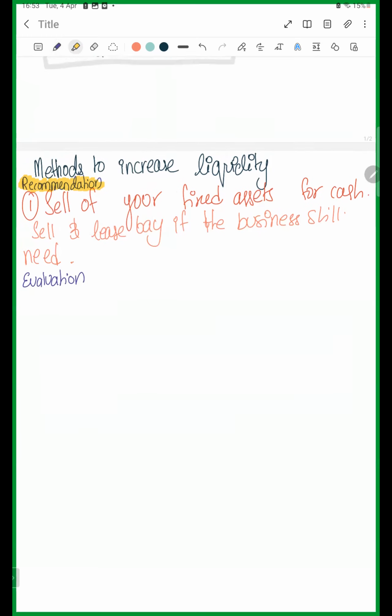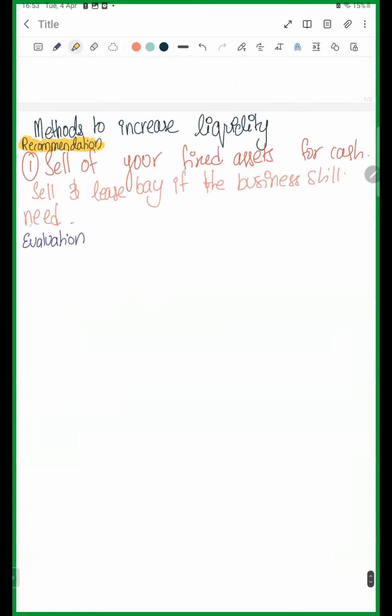So let's look at the evaluation aspect of this. Have a look at this: if assets are sold quickly, they might not achieve their real value. What do you think I mean by that?